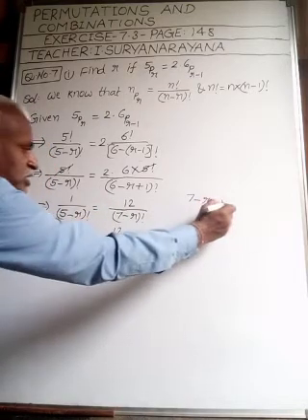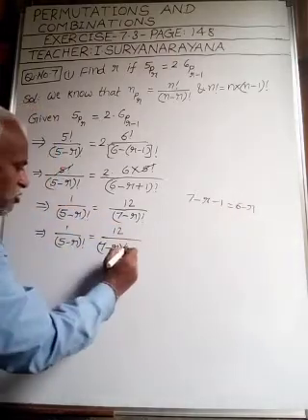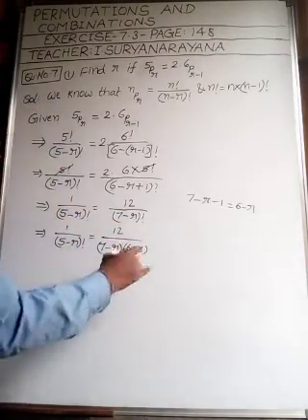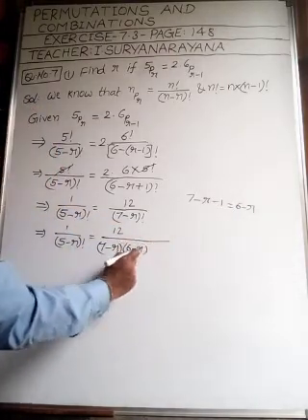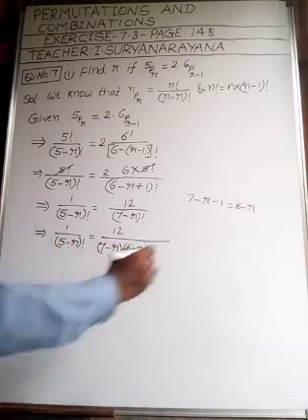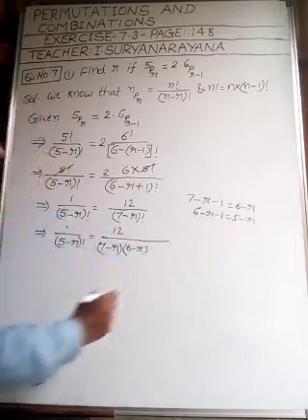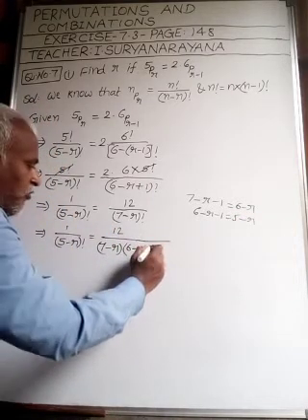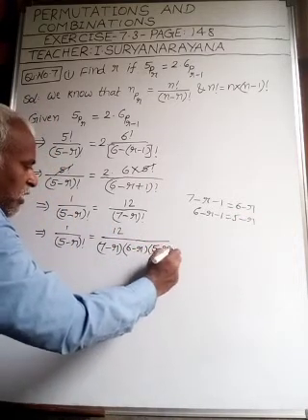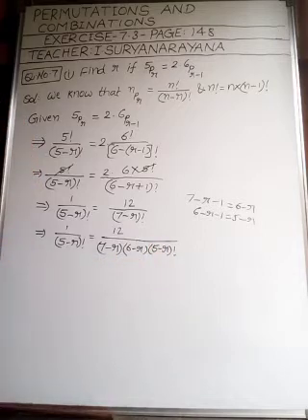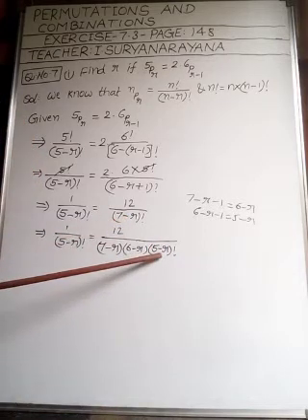So what you get is 6 minus r. Yes or no, my children? So 6 minus r. Again we reduce 1 from this number. So 6 minus r minus 1. What do you get? 5 minus r. Yes or no, my children? So 5 minus r. I am stopping this expansion by this factor.